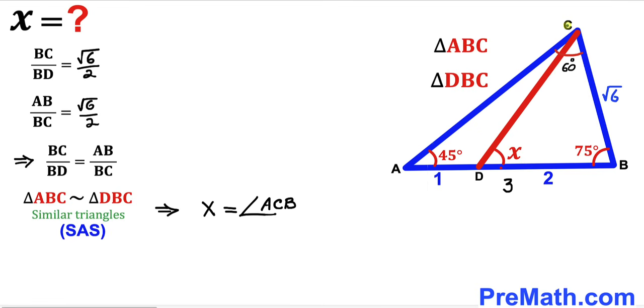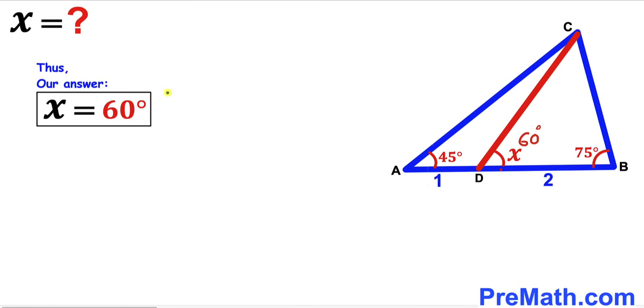And we know our angle ACB is 60 degrees. So therefore we conclude that our angle X turns out to be simply 60 degrees. So thus, after all the calculations and manipulations, our angle X turns out to be 60 degrees. And that's our final answer.